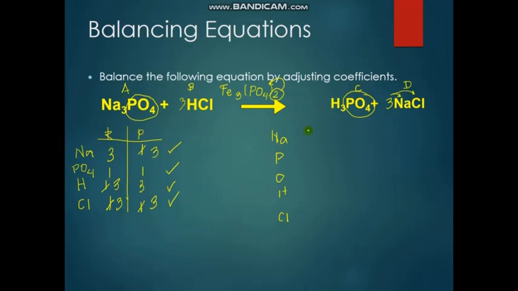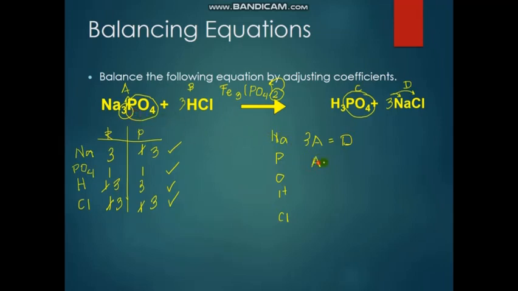So we find sodium in A, it is 3, so 3A. You can see we have 3 sodium in A. Next, it is found in the other side of the equation, so equal to D. It's only 1. Next, phosphorus on the other hand is 1. There is no subscript. 1.